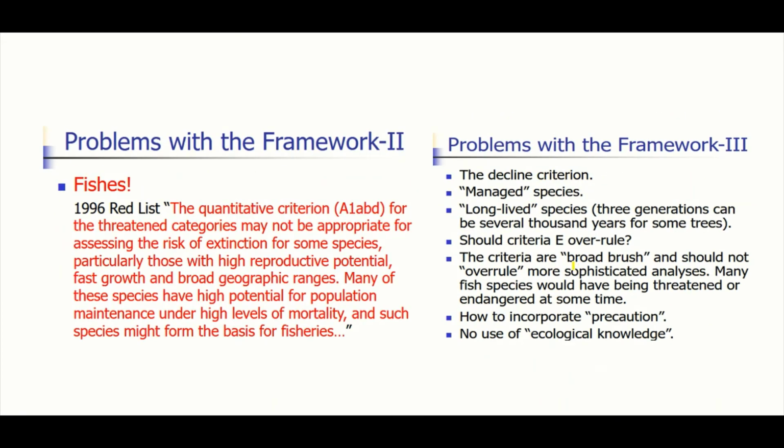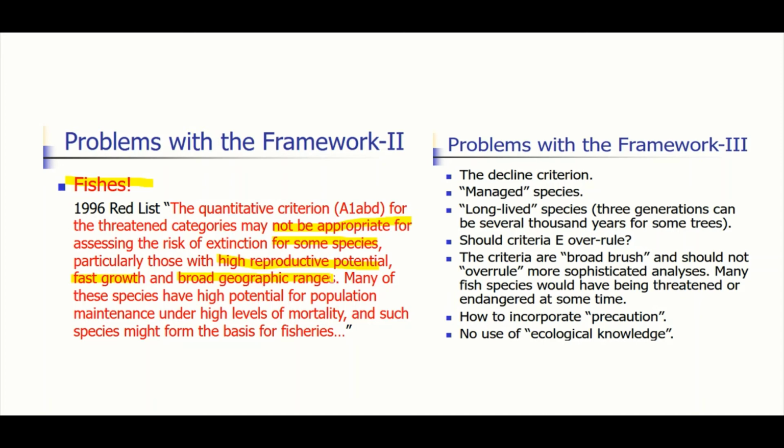And then we have problems with this framework because of fish. The 1996 Red List quantitative criteria for the threatened categories may not be appropriate for assessing the risk of extinction in some species, particularly those that have high reproductive potential. If you have animals with high reproductive potential, they grow very fast and of course have a broad geographic range.